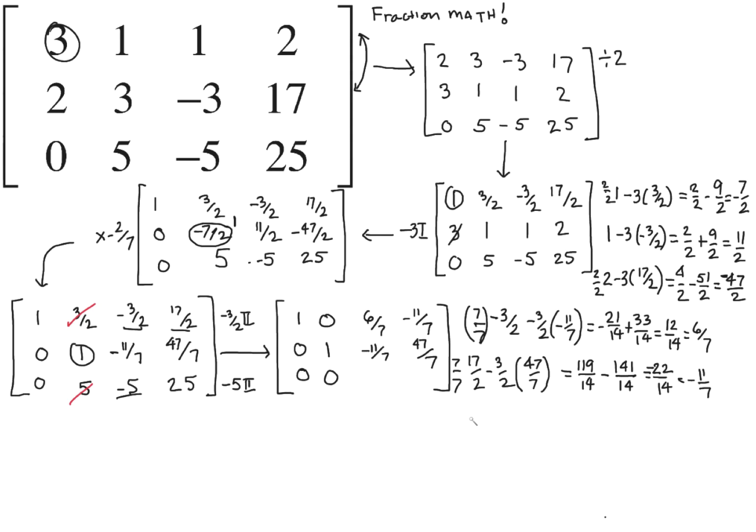Okay, now we're working on the 5 here. Okay, so we say 5 minus 5 times row 2. So that's negative 11 over 7. And so once again, we're going to multiply this by 7 over 7 to get the same denominators. Okay, so that's going to be 35 over 7.